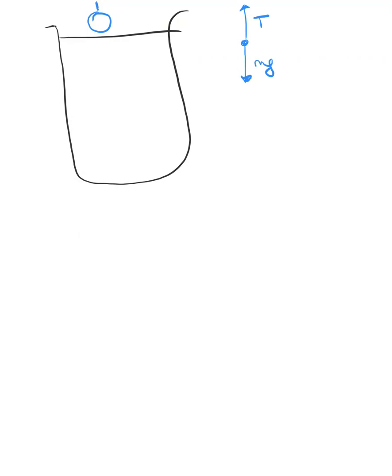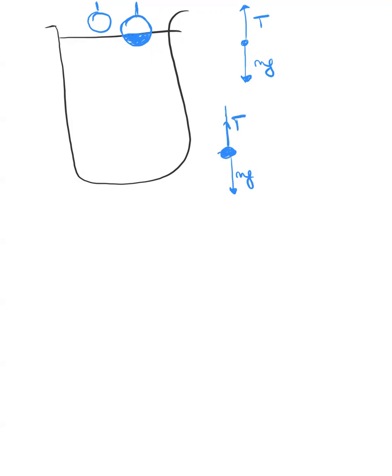And now if I partially submerge this object into water, it will displace some amount of water, and now it will start experiencing a third force. The first force is mg, which didn't change. The second force is tension.